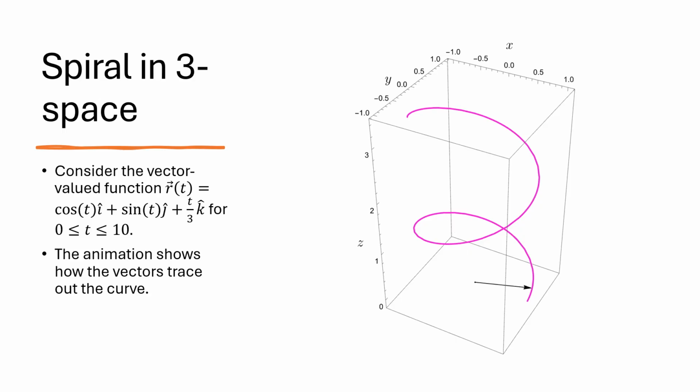You can see it's basically moving in a circle in terms of the xy directions, but then the vector is getting taller and taller as it goes around this circle, and that's what's giving this spiral curve here in 3 space. And you can see it's easier to visualize this with computer graphics than it is drawing it yourself, and this is even a pretty simple curve to draw in general.